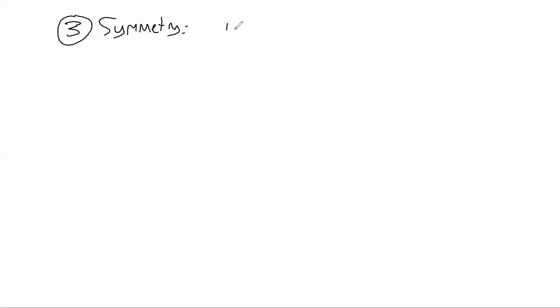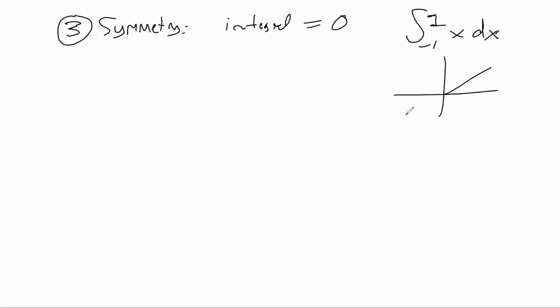So oftentimes an integral will simply be 0 because, for example, if we look at just x on a symmetric interval, it's an odd function, the negatives cancel the positives. And so we get 0.